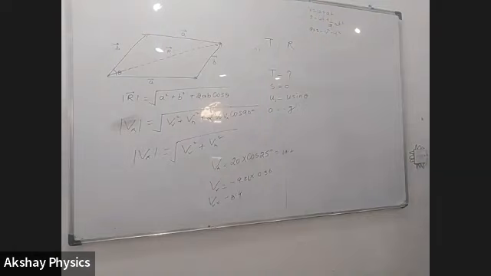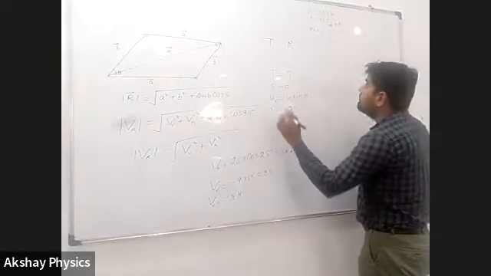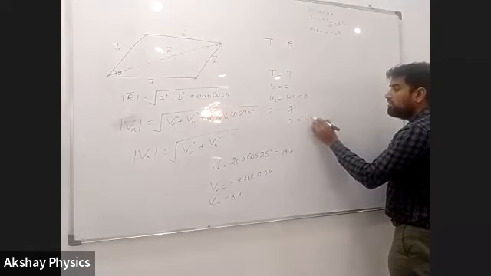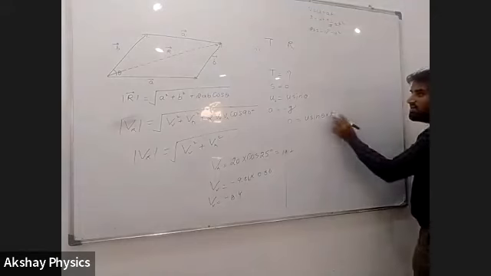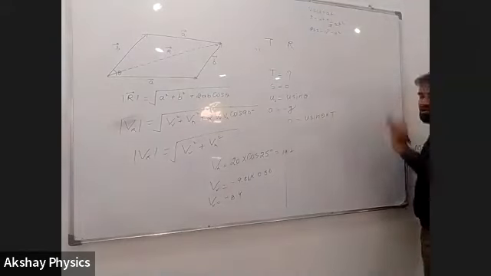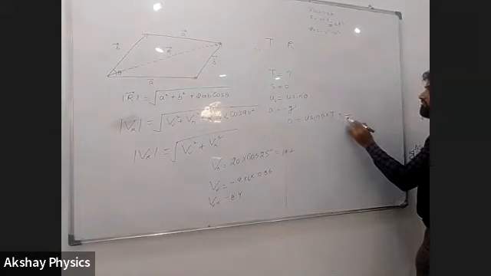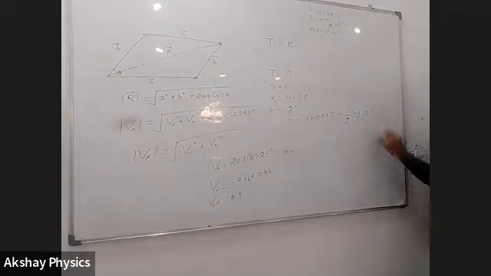Obviously, s = ut + half at square we will use. So here we can evaluate the time very easily. s = 0 = u sin theta multiplied by T, where T is the time of flight that we will evaluate, plus half of minus g multiplied by T squared.